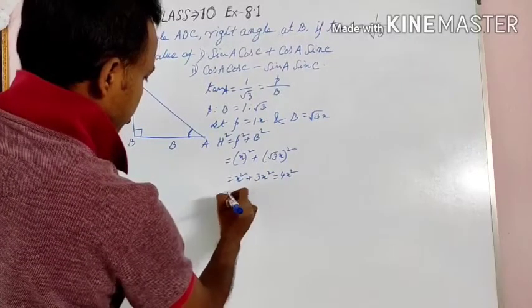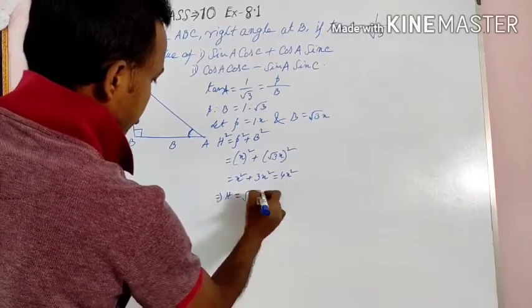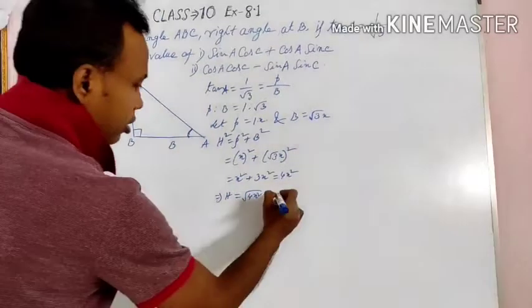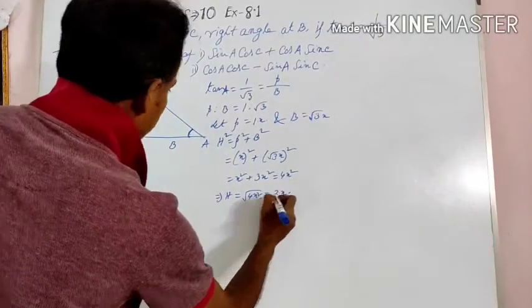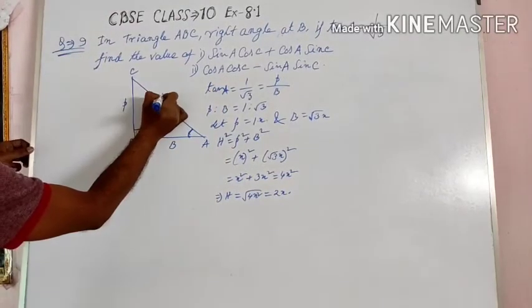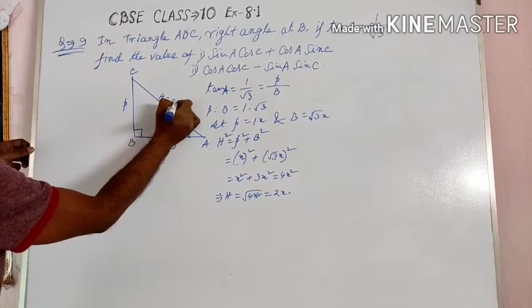So hypotenuse is root over 4x square, which is equal to 2x.